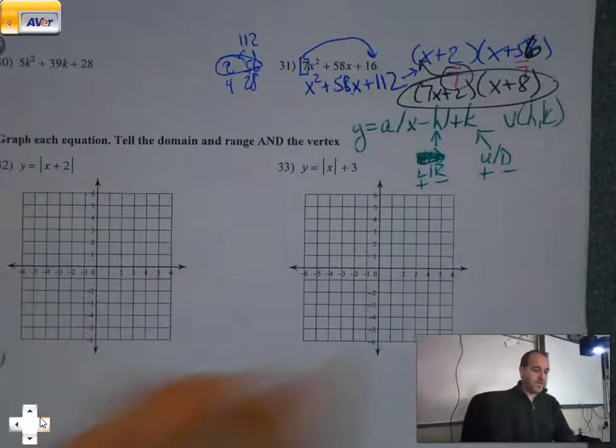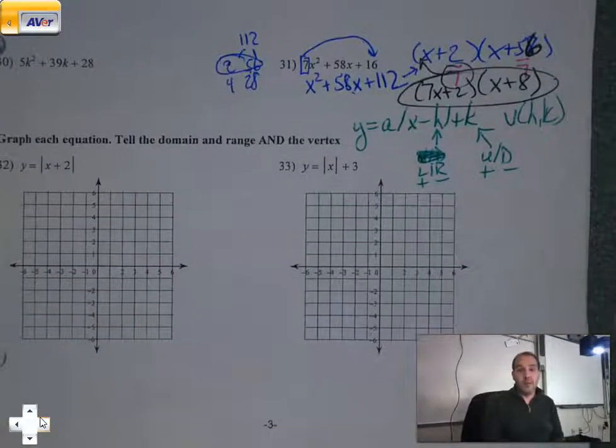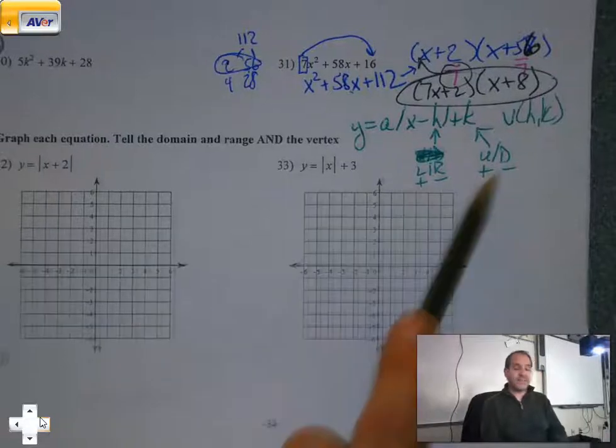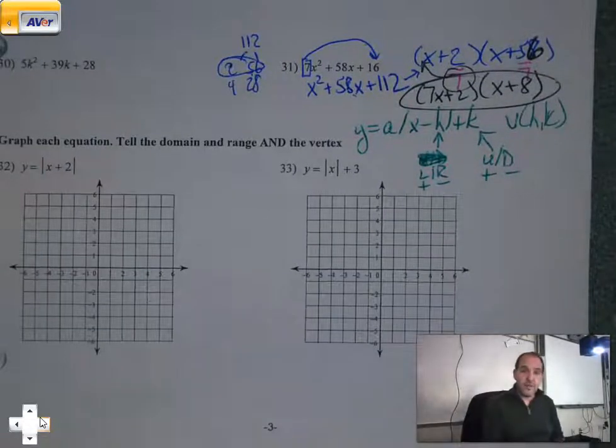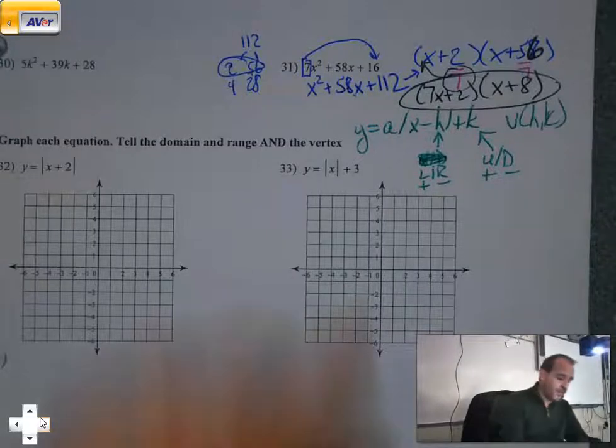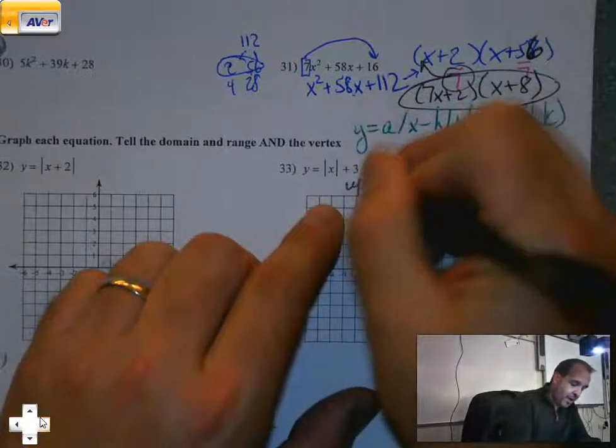Graphing. Reminder, graphing shifts. For the love, people. With the number of you that keep asking me on reviews and the tests, what's the shift? Write this on your card. Left and right, even with the signs there, put it down. Because now when you look at one like 33 and you go, okay, this is up 3.